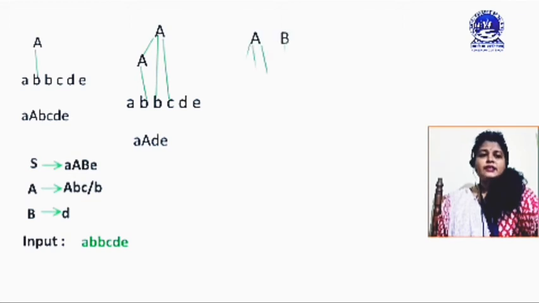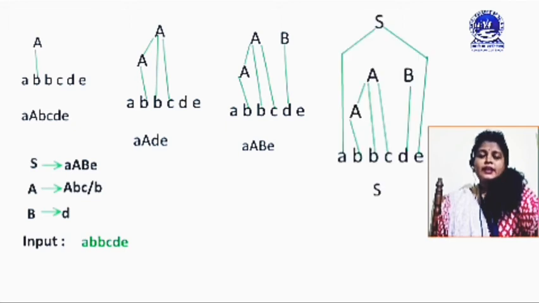And next we are using the production rule B implies d, and in this way we are getting the output A, B, e. And finally, we are using the production rule S, and in this way we are getting AABE. In this way we have got the input string derived.